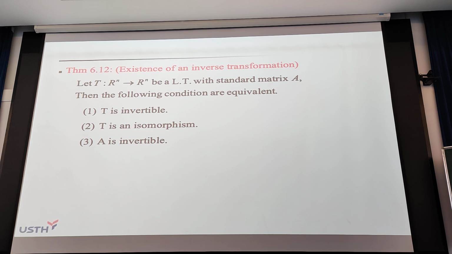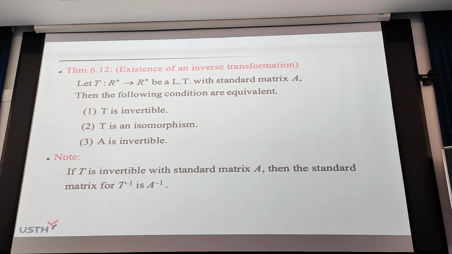The second says that T is an isomorphism. And the last one says that the matrix A is invertible. It means that T is invertible if and only if T is an isomorphism, if and only if A is invertible. That is the observation here.